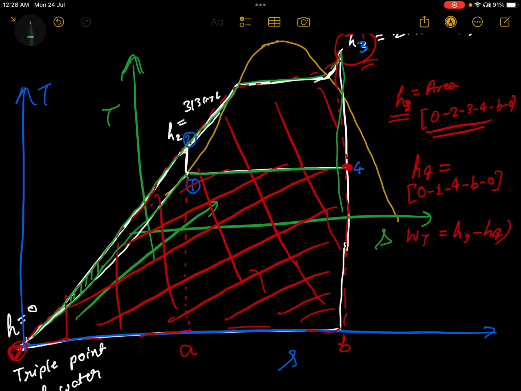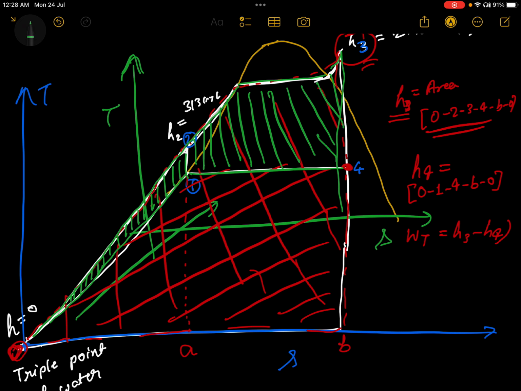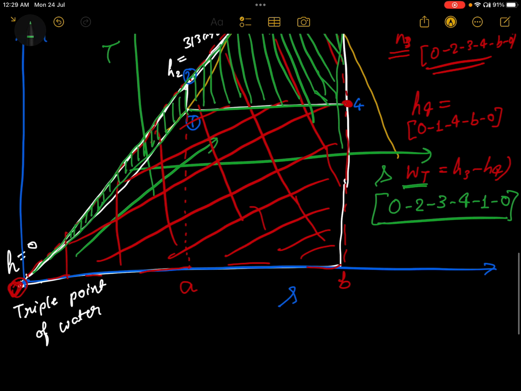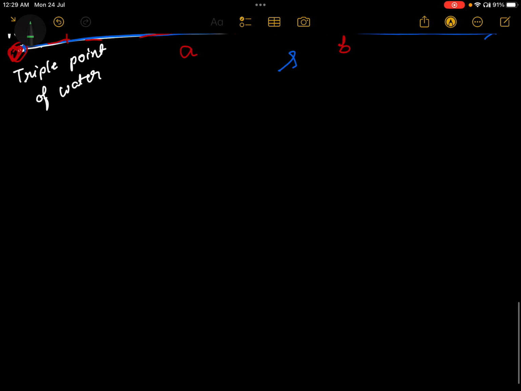This portion is H3 minus H4, which is 0, 2, 3, 4, 1, 0. That is the turbine work. Fine.